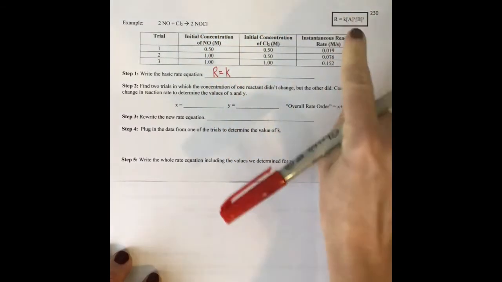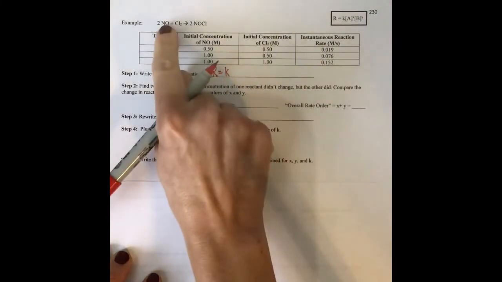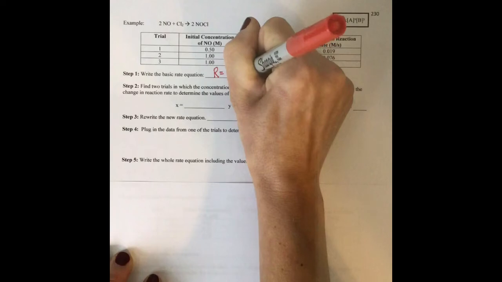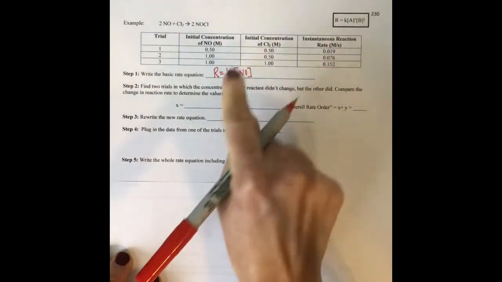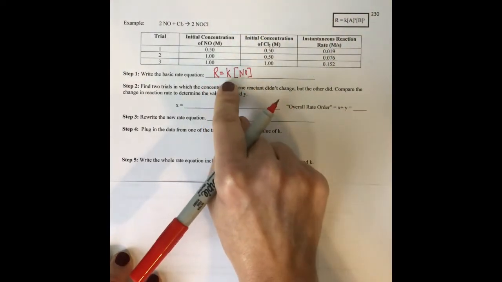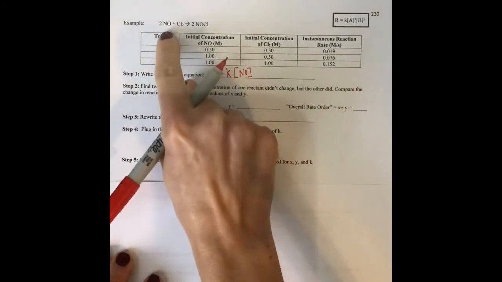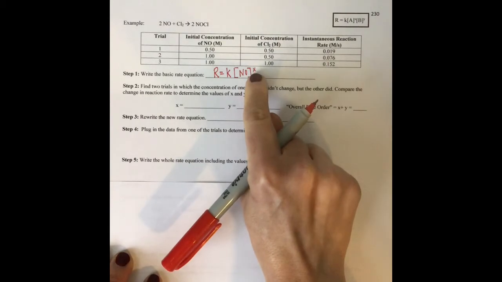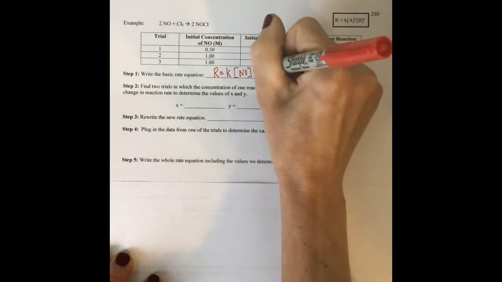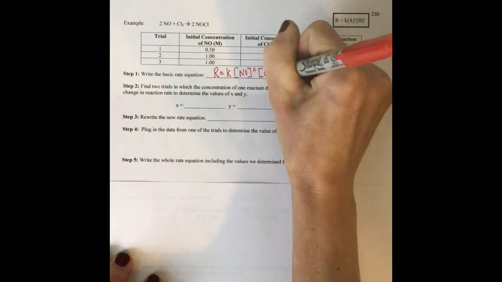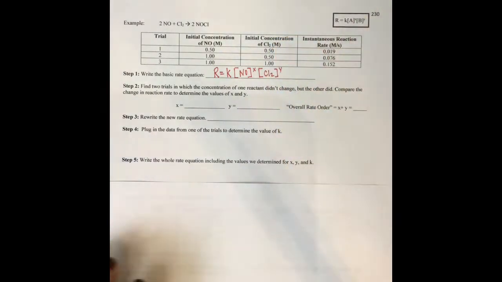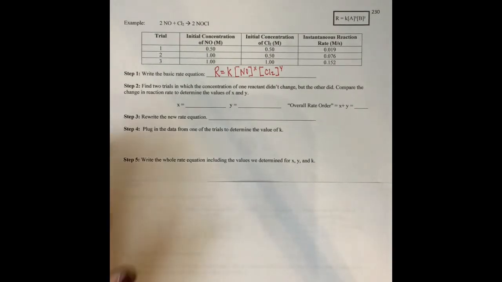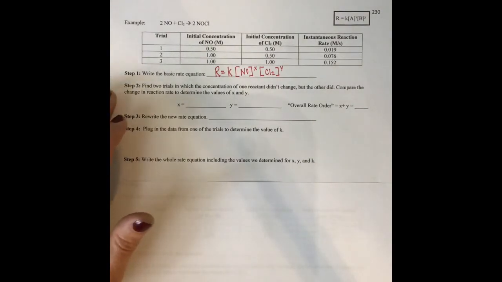And instead of using A and B, we're going to use our two reactants. So I have rate equals the rate constant times the concentration of NO to the X, and we don't know what that is yet, times the concentration of chlorine gas to the Y. And we don't know what the Y is yet either. That's what we're going to do in step 2.